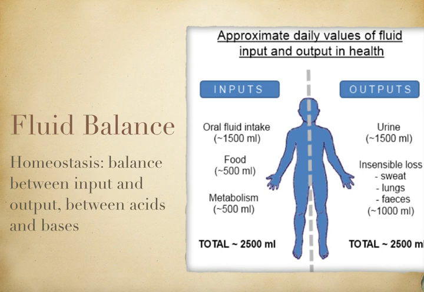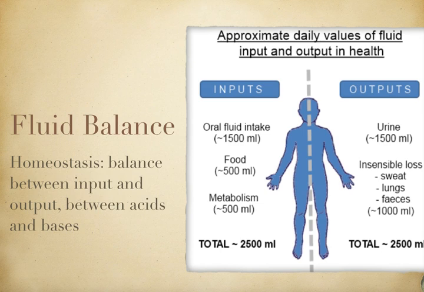There's sensible fluid loss, which is measurable: fluid loss through the kidneys via urine and the intestines via fecal. Then there's insensible fluid loss, which is unmeasurable: evaporation from skin, lungs, and breathing.